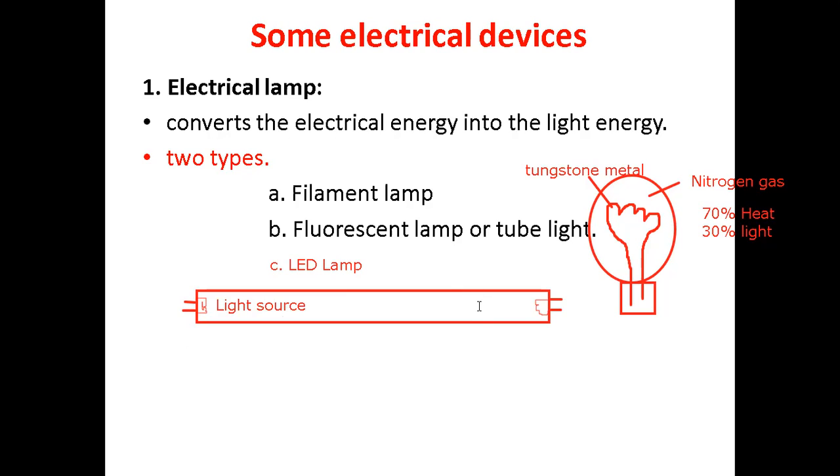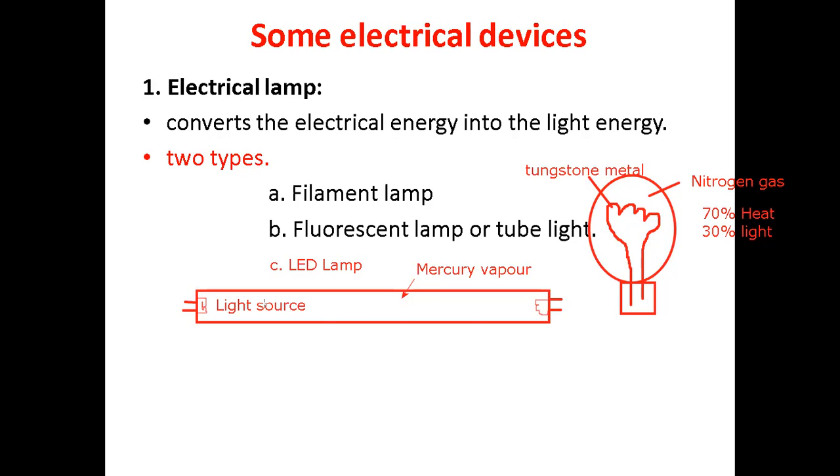The inside part is filled with mercury vapor, and due to the mercury vapor, this light is magnified.